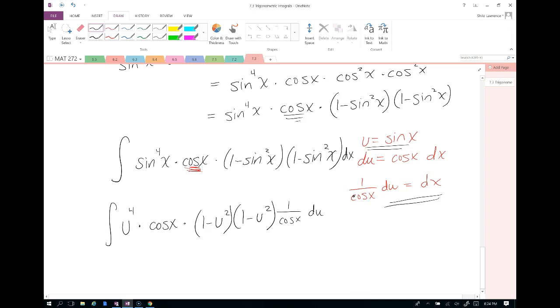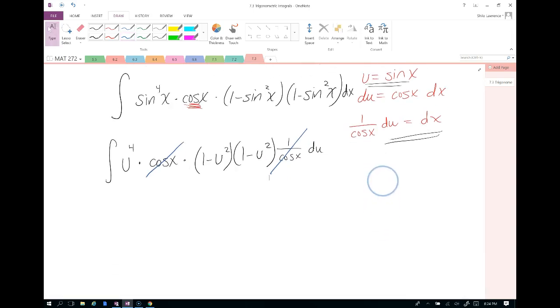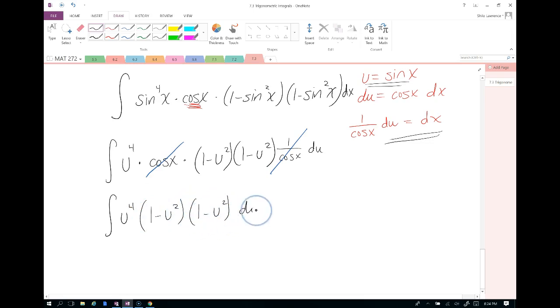The whole point of that 1 over cosine is to cancel with this cosine I was hanging on to. So now it's just an algebraic expression that we have to integrate. And to integrate this by hand, we're going to have to do some foiling and some distributing.